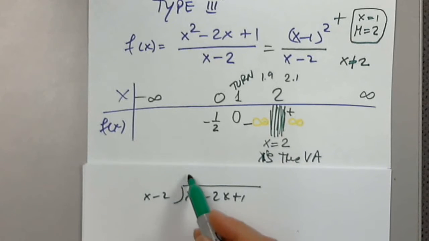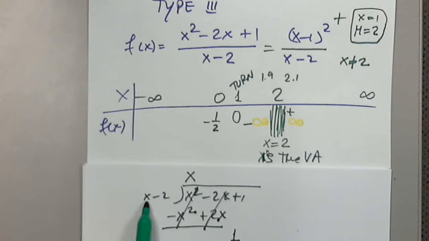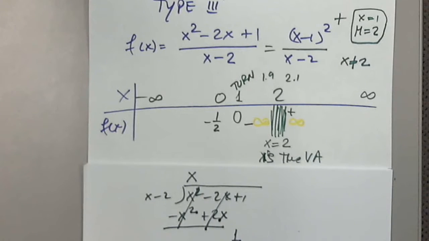X. Yes, indeed. X times x is x squared, and now I have to subtract. X times -2 is -2x, but I have to change the sign. It's mandatory. Nothing. And 1. I can continue. X times what is 1?